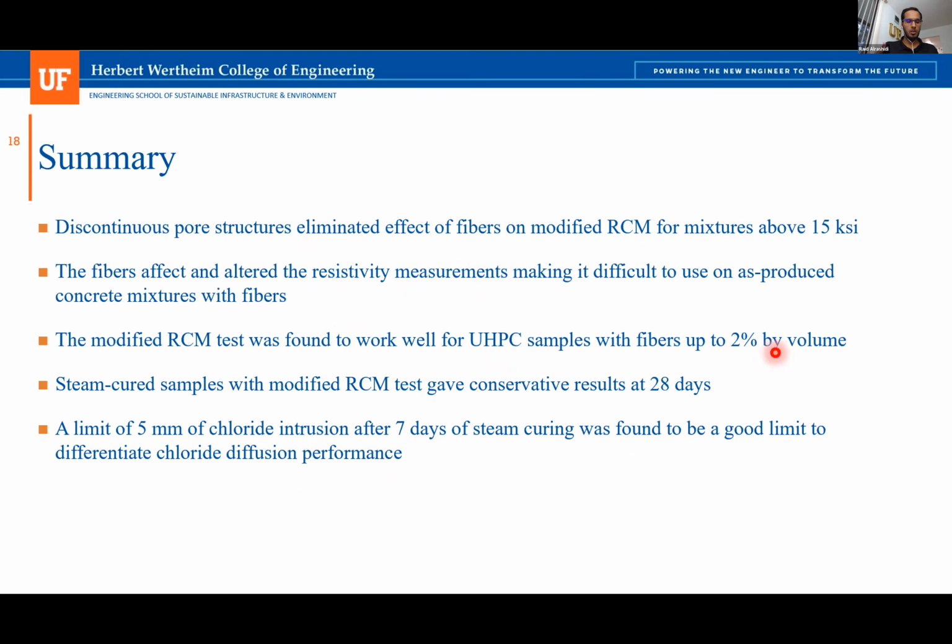So if anyone wants to try it with 2% and above, they need to do more experiments, because our fiber content was just below 2%. We also found the steam cured samples with the RCM gave conservative results at 28 days, and a limit of 5 millimeter of chloride penetration after 7 days of steam curing was found to be a good limit for differentiating chloride diffusion performance.